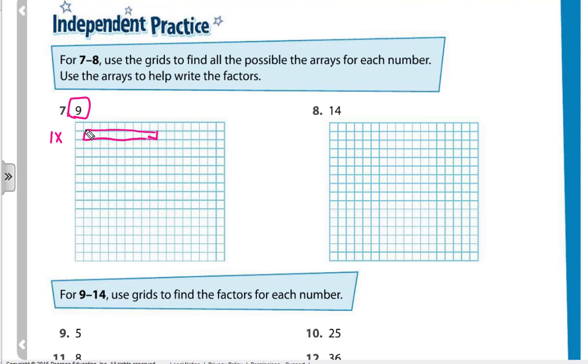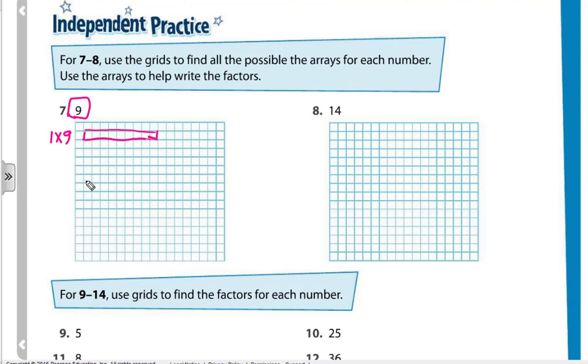Of course, we should use 9. Okay, everyone else, please mute your mics. So 1 times 9. These are 9, right? Yes.